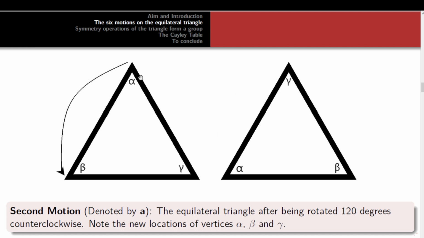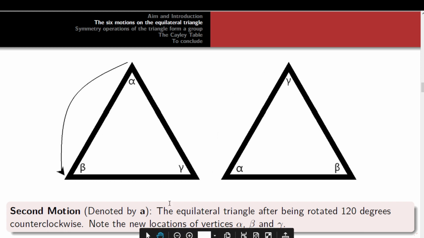That is, when you are doing a 120-degree rotation, your alpha is going to beta, beta is going to gamma, and gamma is going to alpha. And at the end, you're going to finally get this equilateral triangle. The shape is the same, but you have differences at the vertices. Instead of alpha, you have gamma here. Instead of beta, you have alpha here. Instead of gamma, you have beta here.